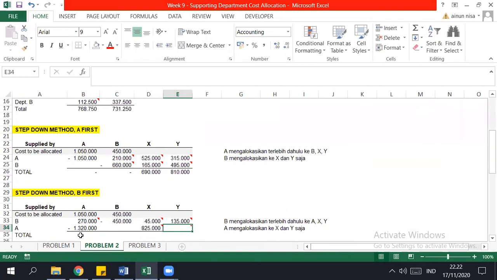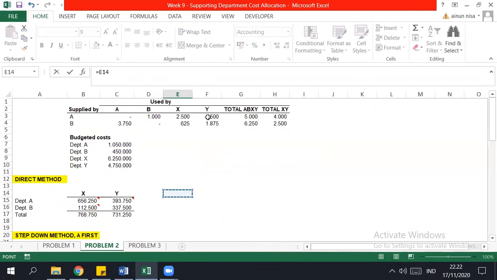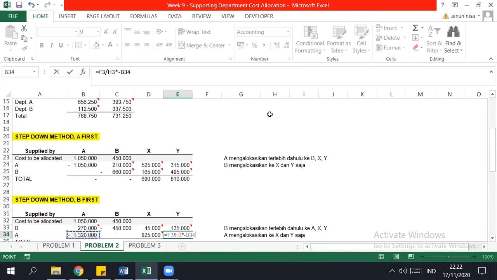While for department Y, it is 1,500 divided by 4,000, and then times 1,320,000.